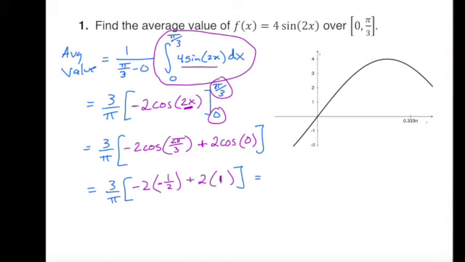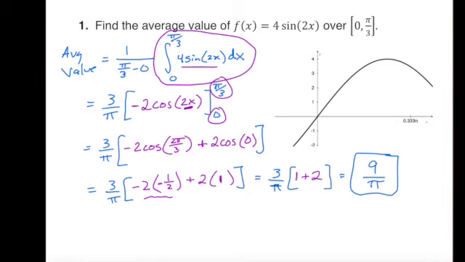And now you have some nice numbers there on the inside. So you have 3 over pi. On the inside, negative 2 times negative 1/2 is positive 1 plus 2. And of course, that's 3. And 3 times 3 over pi is going to be 9 over pi. That is the average value.